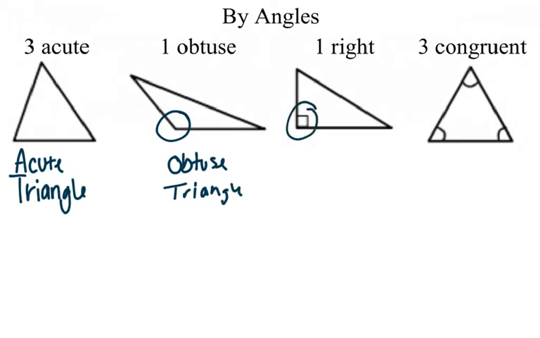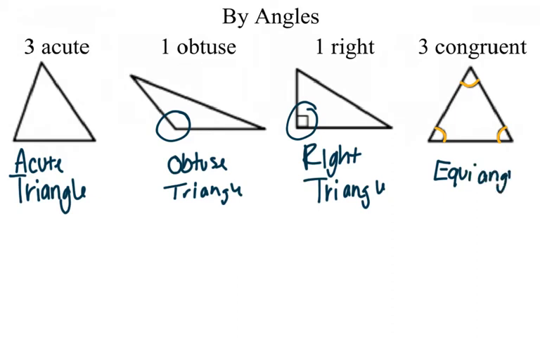If you have a right angle, that's called a right triangle. And if you have 3 congruent angles, you know they're congruent because you got these little marks right here. That means congruent anytime you see that. So if you have 3 congruent, that is called an equiangular triangle, which just means equal angles.